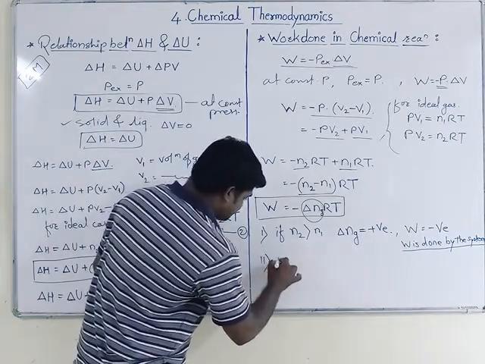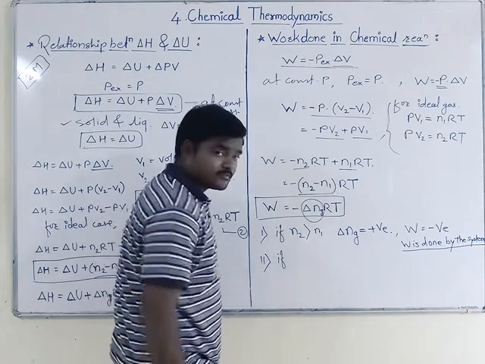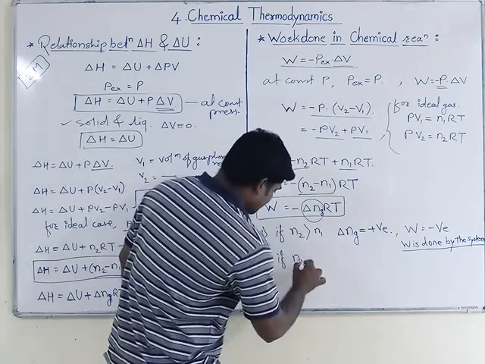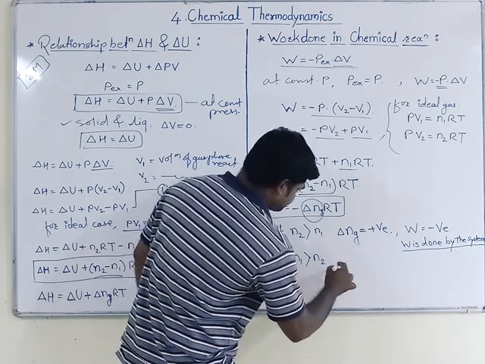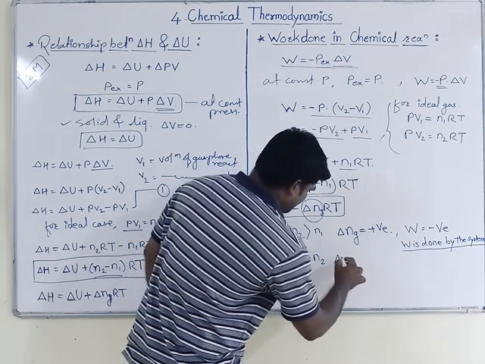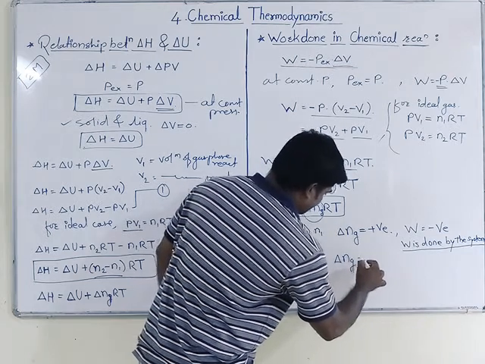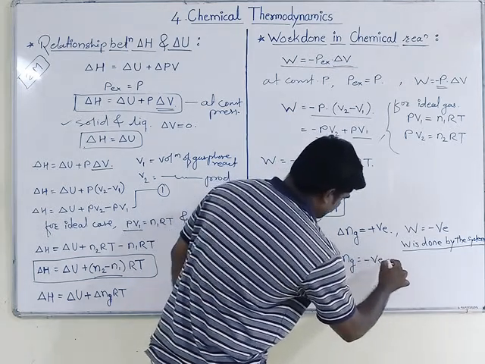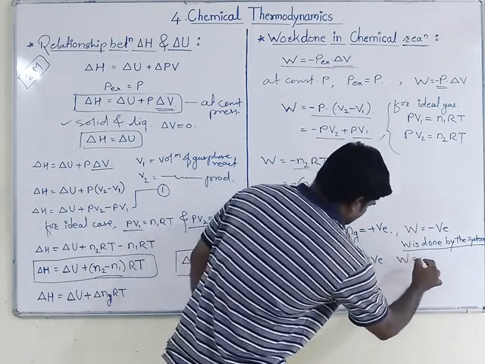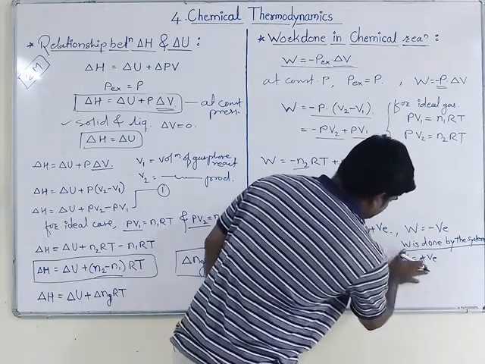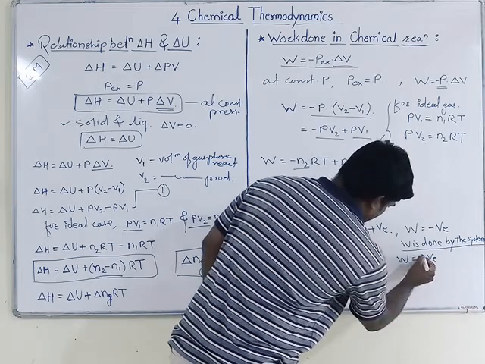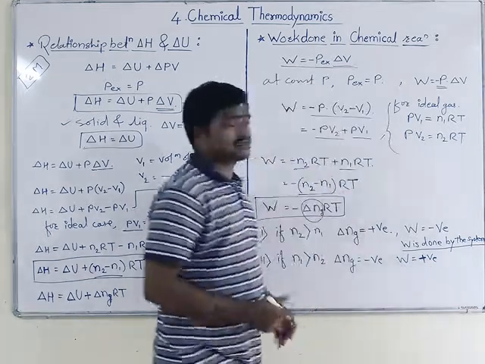In the second case, if N1 is greater than N2, then the delta Ng value will become negative, and here work will be positive, meaning work is done by the surroundings on the system.